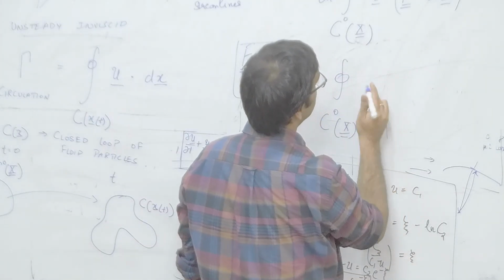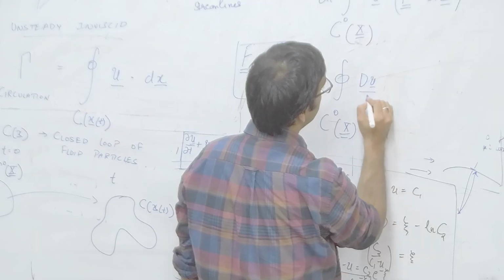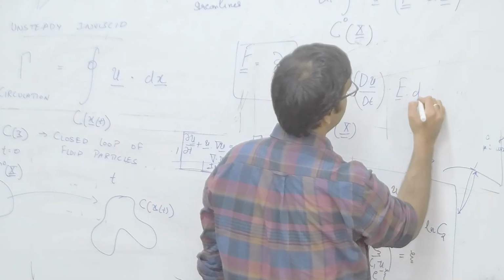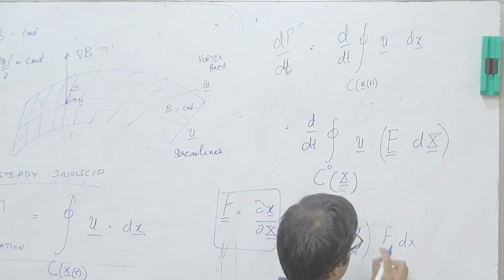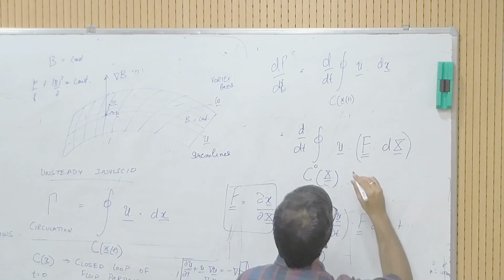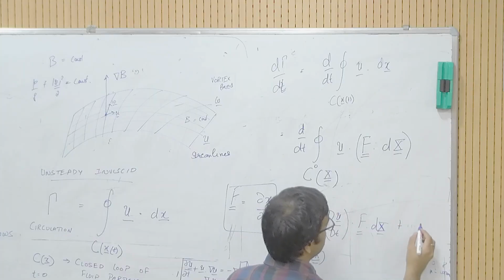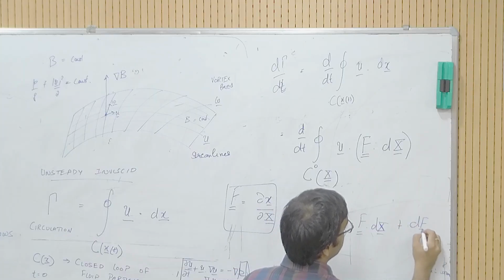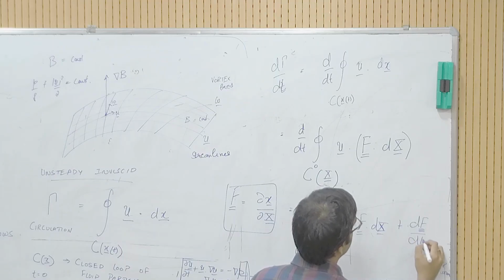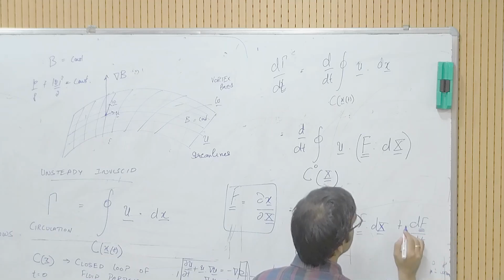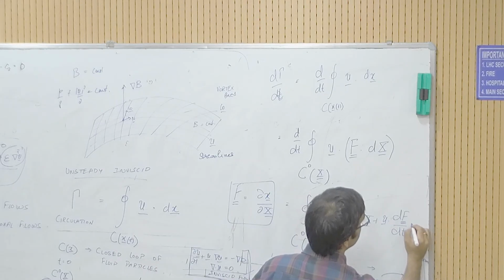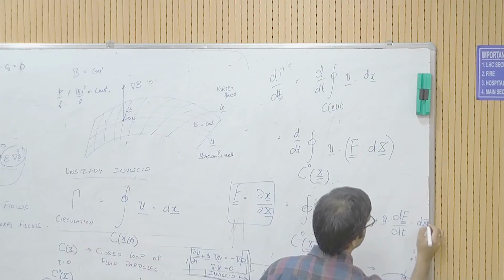So we will get a du by dt dot F dX capital plus a dF by dt, and a u dot, so u dot dF by dt dot dX.